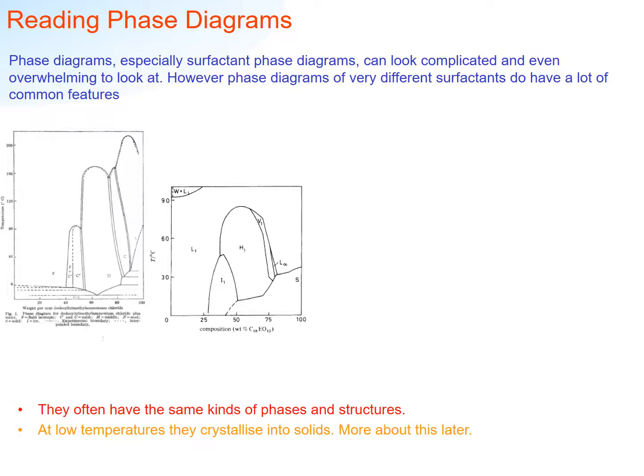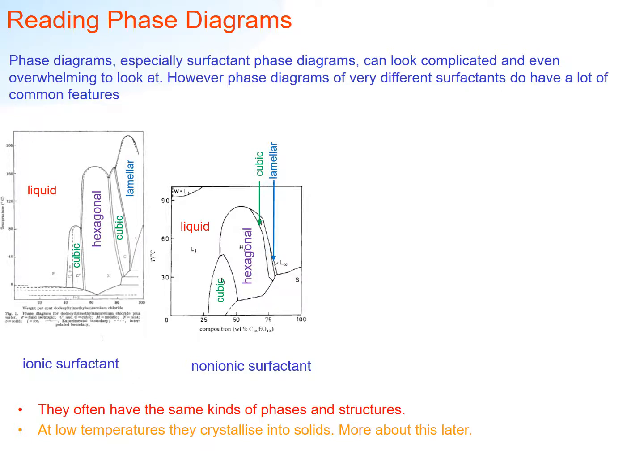So take a look first at these two phase diagrams, one for an ionic surfactant and one for a non-ionic surfactant. They both contain a large liquid phase, a hexagonal phase, cubic phases, and a lamellar phase.